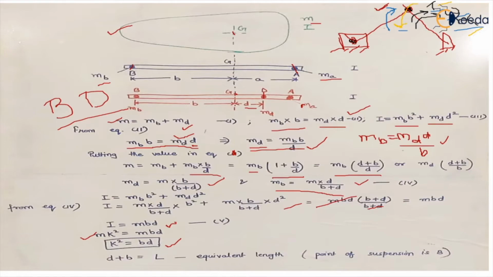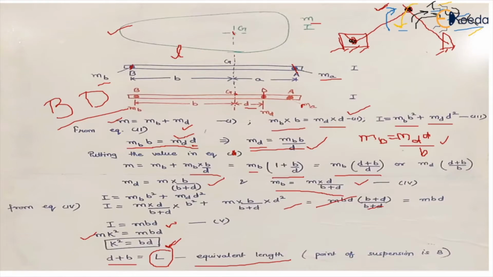And b plus d we are denoting as capital L, which is the equivalent length, right? The length of the connecting rod is small l, which is a plus b, because these masses a and b are placed at the ends of the connecting rod. So this distance b plus d we are denoting by capital L, which is the equivalent length.